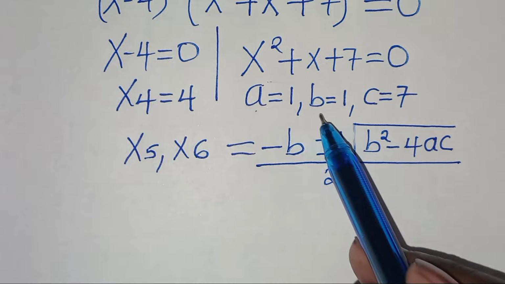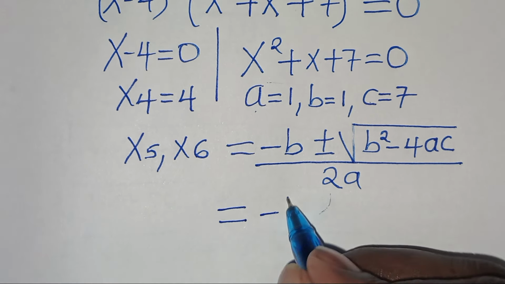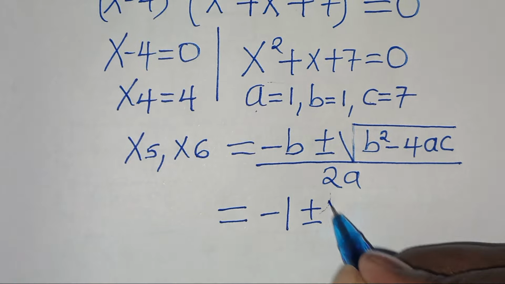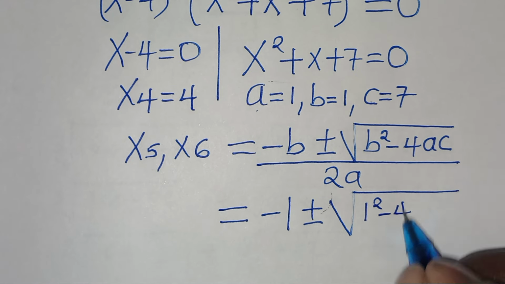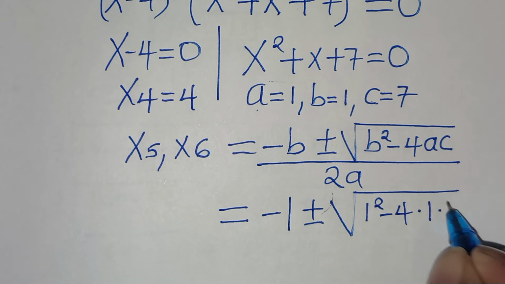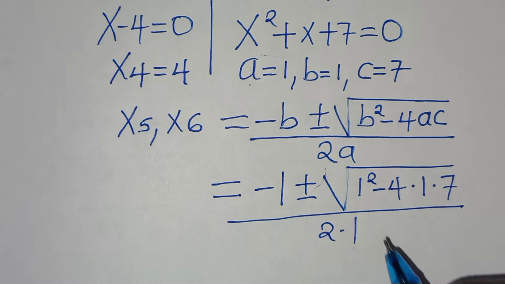Let's substitute a, b, and c into this formula so that we have minus 1 plus or minus the square root of 1 to the power of 2, subtract 4 times a, which is 1, times c, which is 7, divided by 2 times 1.